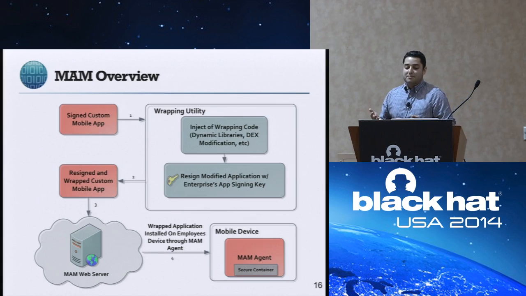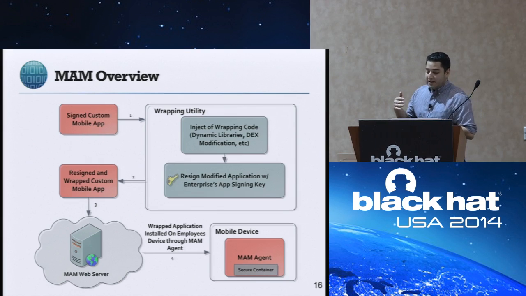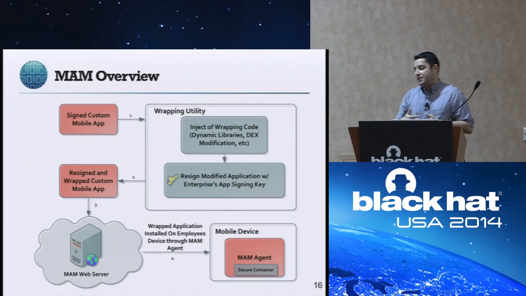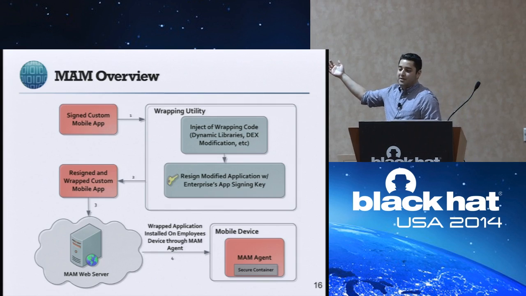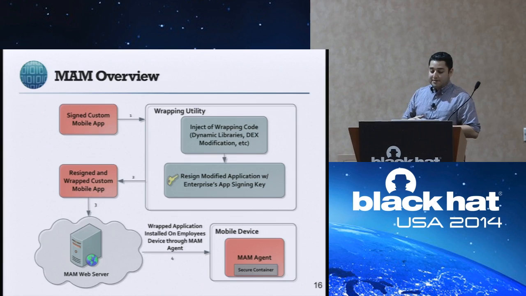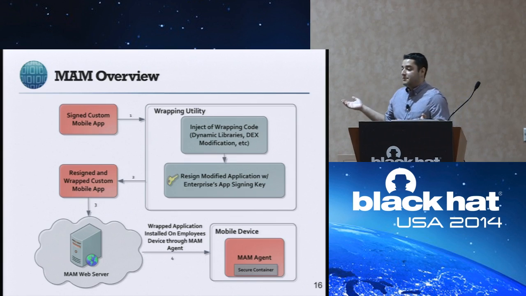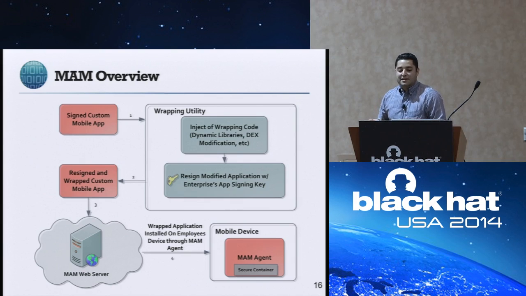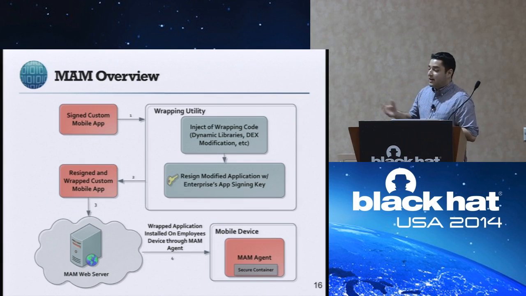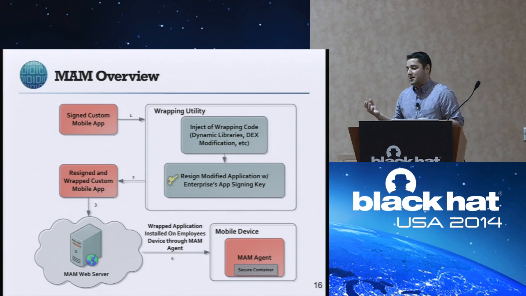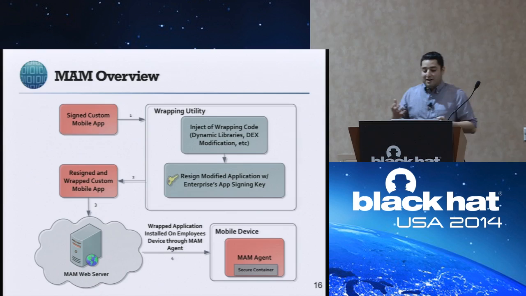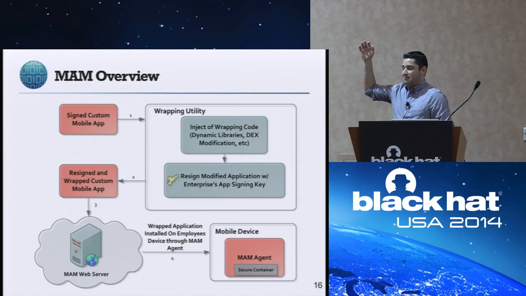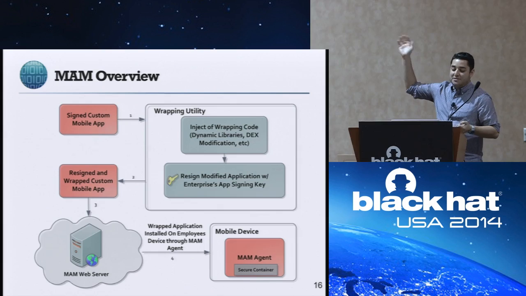This causes a modification of the executables. Then it has to re-sign the application, and this re-signing is done with an enterprise certificate. Why do we have to re-sign it? Obviously, you just changed the executable. It won't run on a mobile device unless you re-sign it. So now you have this brand new re-signed wrapped application, and you're going to upload it to some MAM management server.